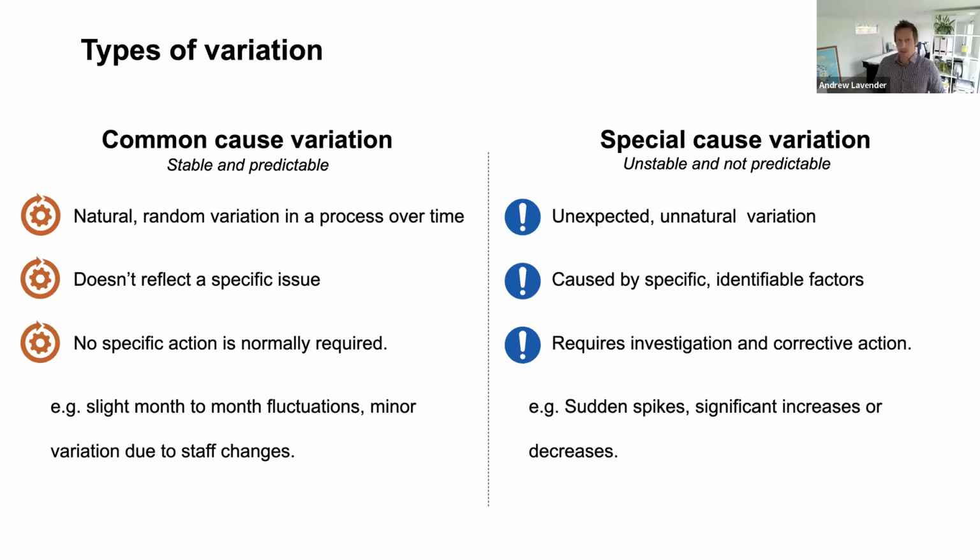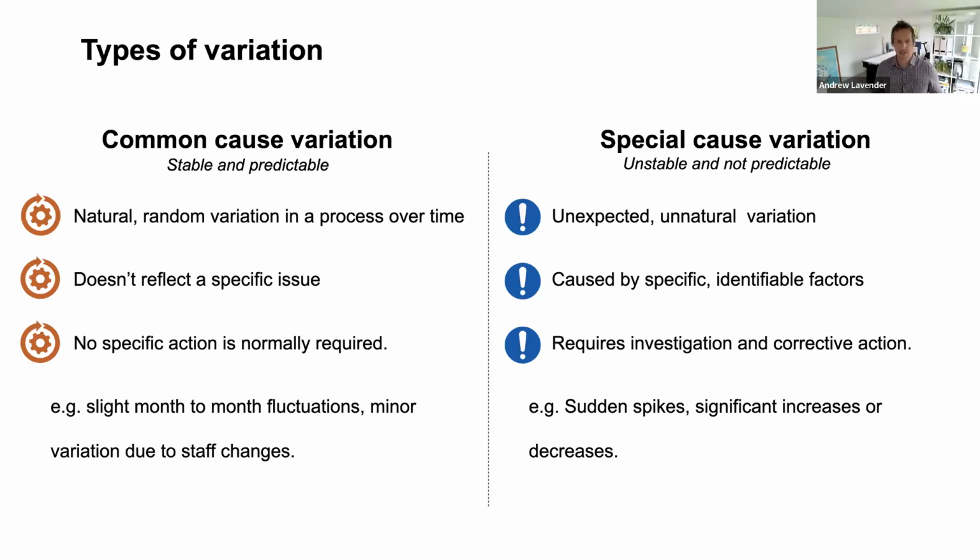For example, if you look at patient waiting times, not every patient is going to wait for exactly the same amount of time, but as you go through that process, there's a natural level of variability within there. And that would show that the process is largely in control and stable.